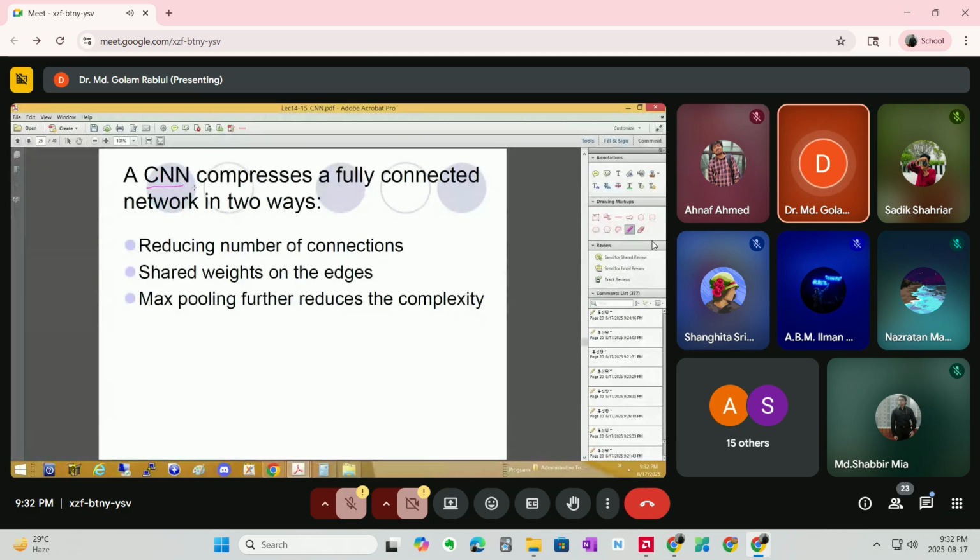We can say 3 ways. The first is reducing the number of connections. The second is sharing the weights, and the third is utilizing max pooling for reducing the number of pixels. These are the 3 ways a convolutional neural network compresses the fully connected network, or artificial neural network.